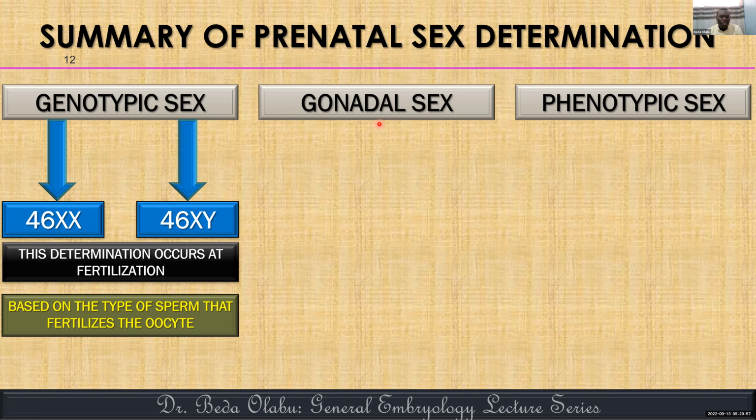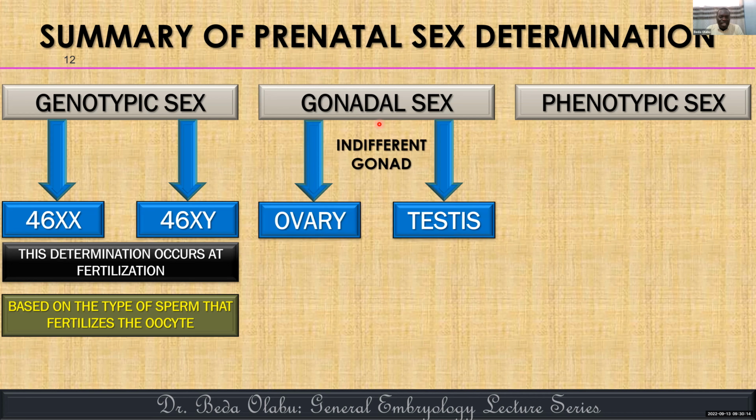In the first few weeks of development, the embryo usually has a common structure that has the bipotential capacity of either becoming a testis or an ovary. That bipotential structure is called the indifferent gonad. Any embryo will have the indifferent gonad.